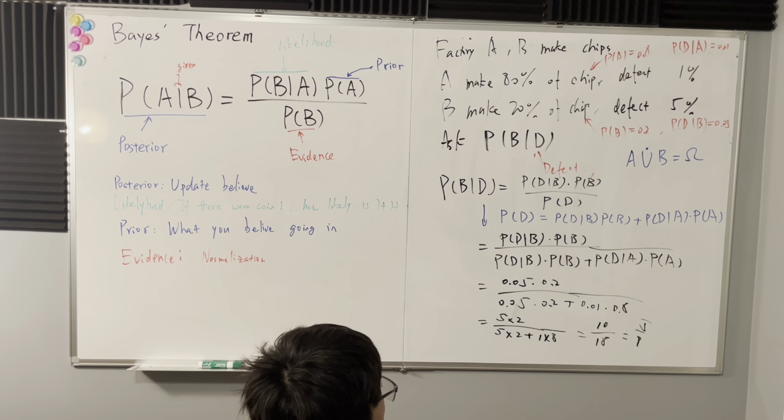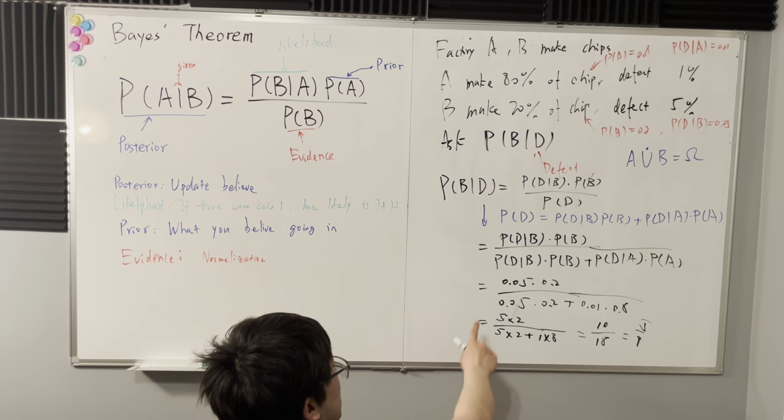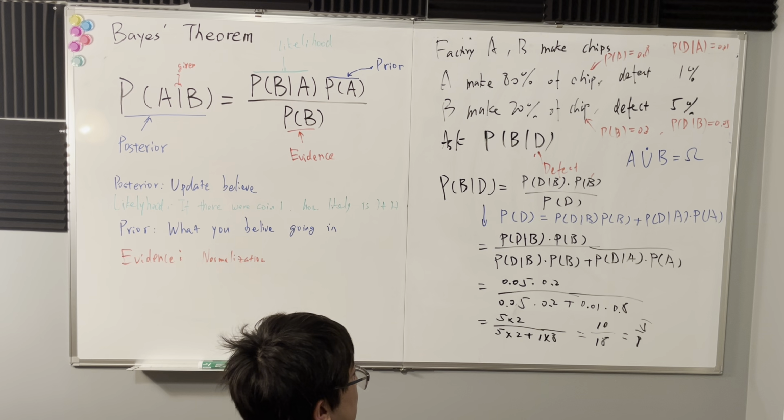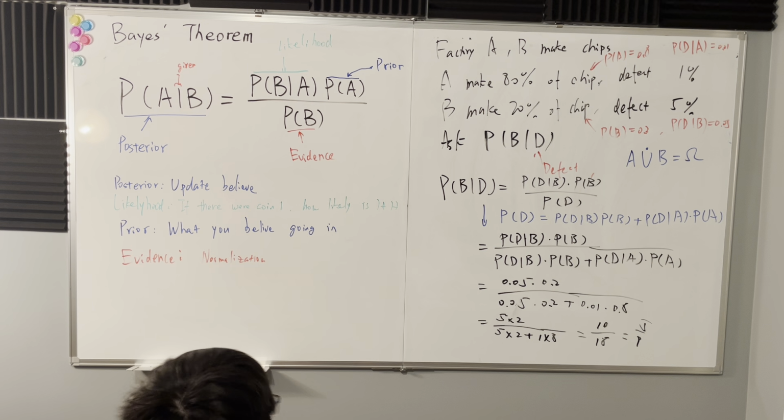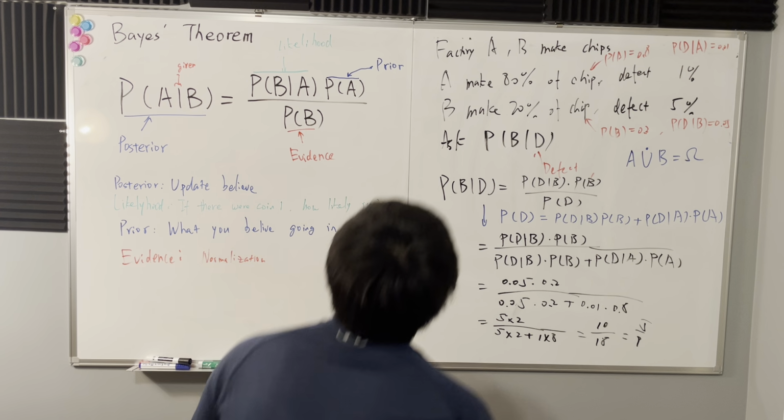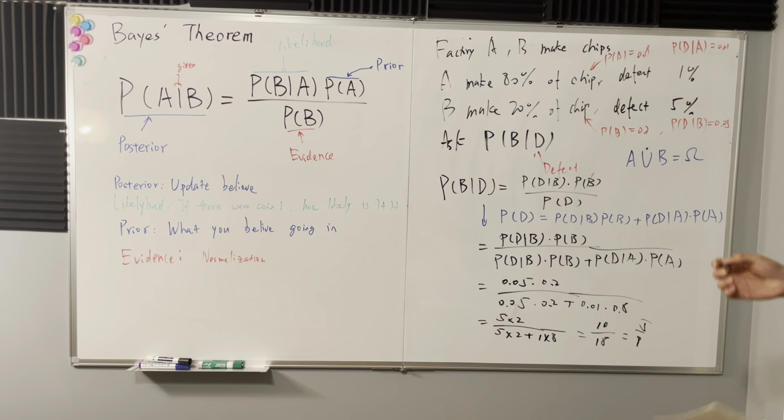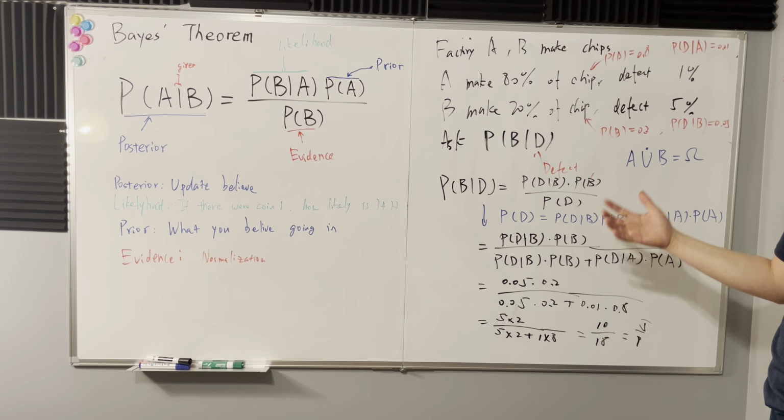Let me double check my math. Yeah, there we go. And there you go. That's one of the most standard and most commonly seen problems you will see. Sometimes you need to keep in mind that this condition is not met, and sometimes you need to see whether they're independent or not, and to see their union.